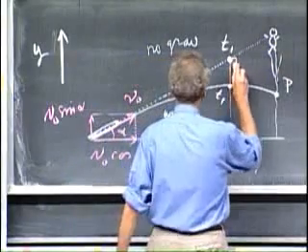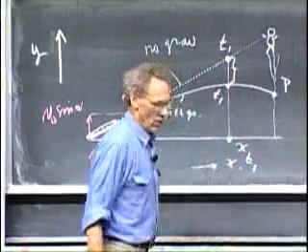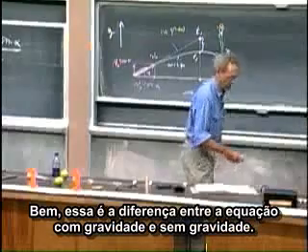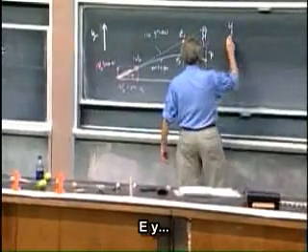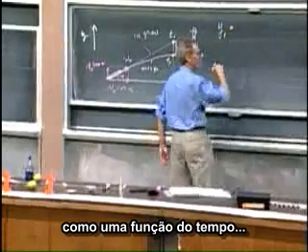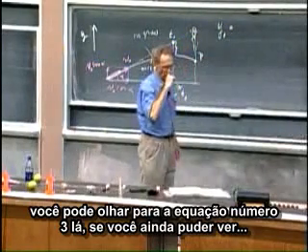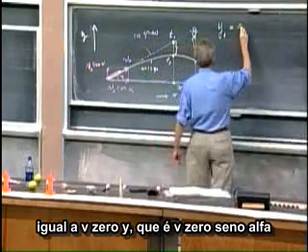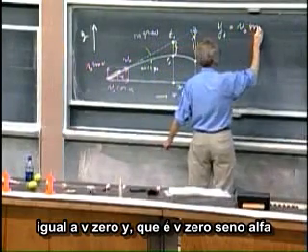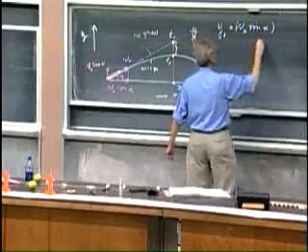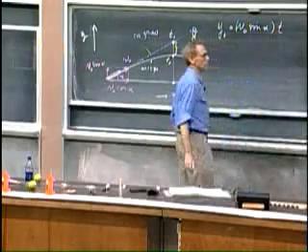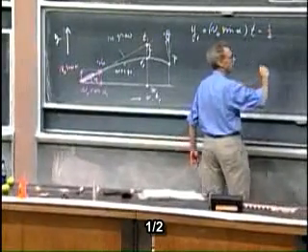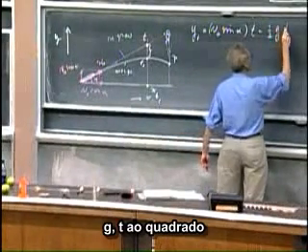And so, they are both exactly at the same x position. What is this difference? Well, that is the difference between the equation with gravity and without gravity. And y, as a function of time, you can look at equation number 3 there, if you can still see it, equals v0y, which is v0 sine alpha, times t, minus 1/2 g t squared.